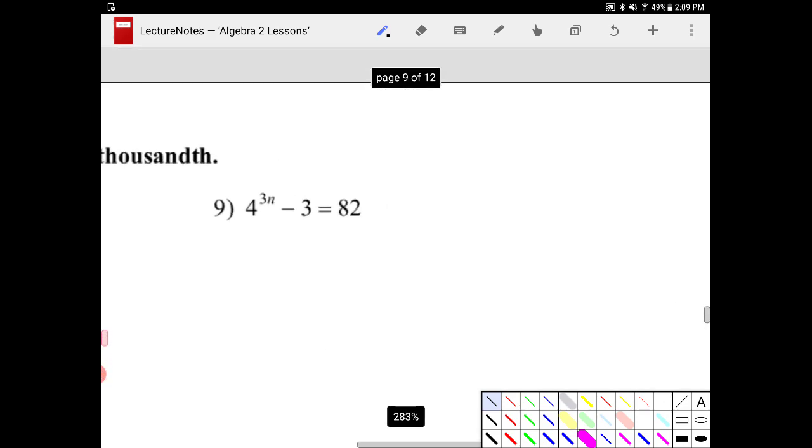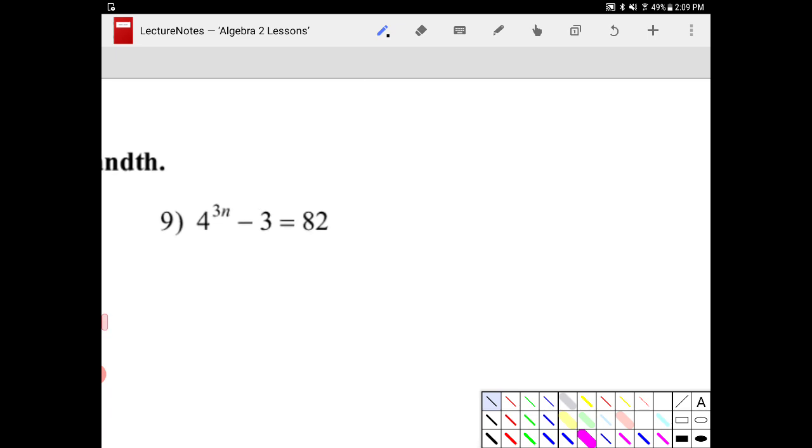Let's take a look at another example. Let's increase the level of difficulty slightly. Not really, though, but it's slight. So we want to solve for the unknown, and what we want to do is very strategically get to the unknown, which means we're going to try to isolate the exponential term and then afterwards apply logarithms. So I'm going to add 3 to both sides.